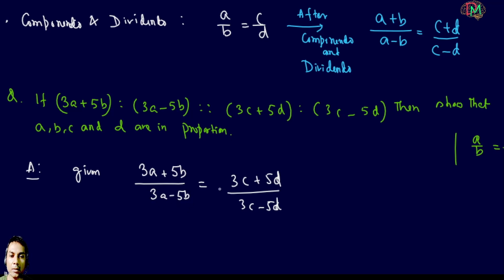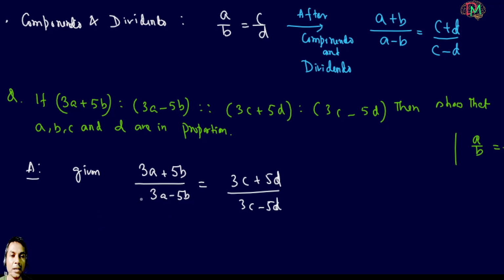This way both sides give us one value each, and we get the proportion. For this we have to apply componendo and dividendo. Why? Look at this. If we add, then 5b will be eliminated, and if we deduct the denominator from the numerator, then a is eliminated and we remain with b, right?